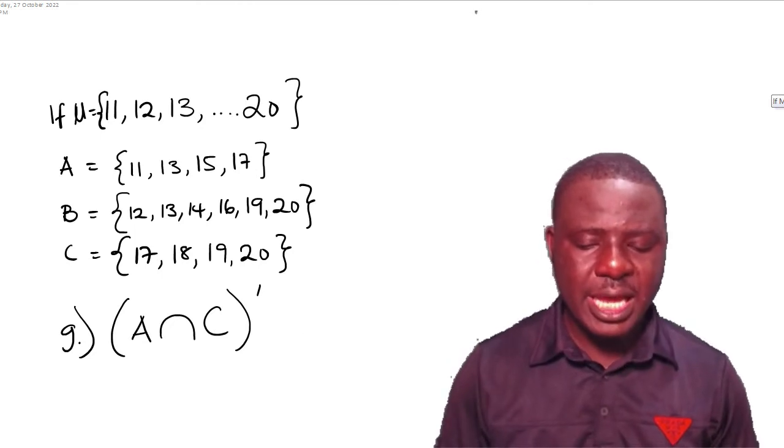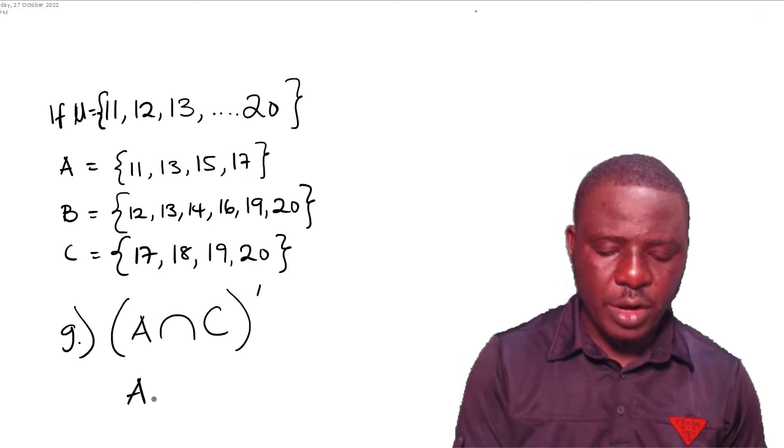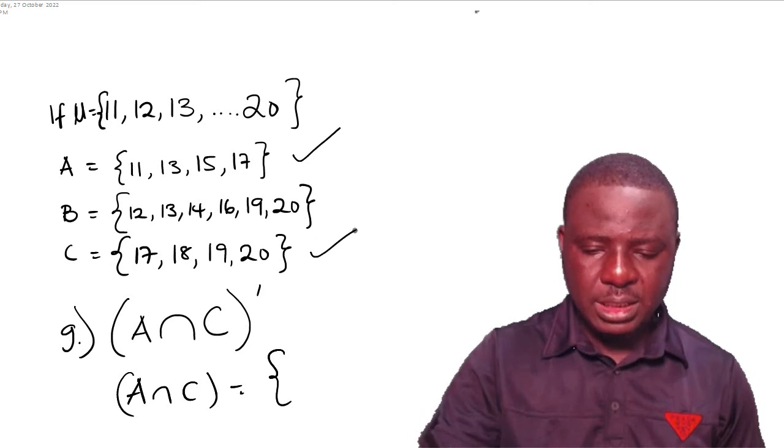G says (A intersection C) prime. We'll first of all look for A intersection C, and for A intersection C, you compare elements of A and C together.